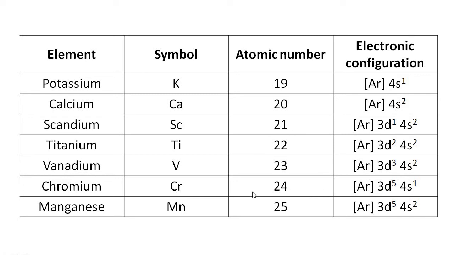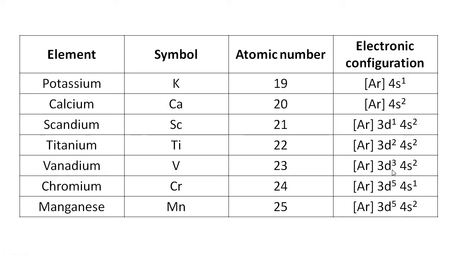Then for chromium, it has 24 electrons. See the electronic configuration. It has argon 3d5 4s1, but it should have 3d4 4s2. Instead of having that configuration, it has 3d5 4s1 because, to attain extra stability, one of the electrons from the 4s orbital shifted to the 3d orbital.